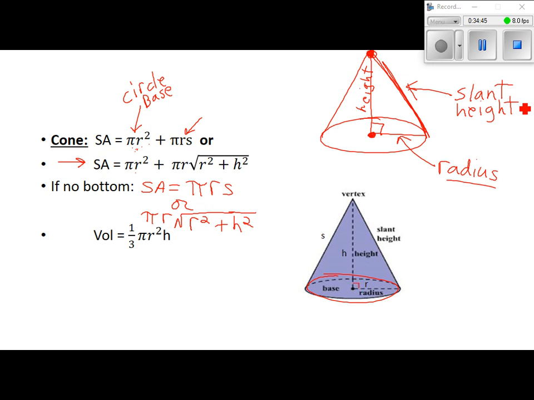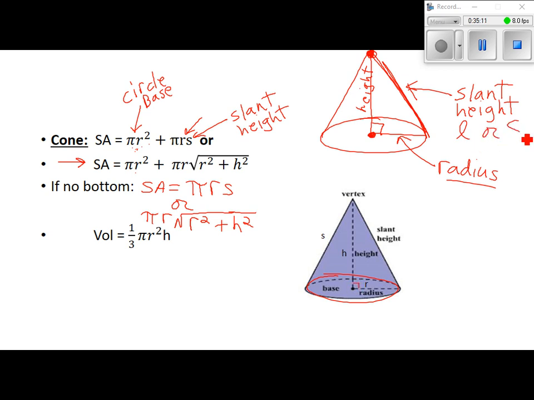Sometimes some different formulas, like this formula here, use S as the slant height. So it uses the letter S as our variable. Other formulas or other books might use something different, and I think our book might use L, that cursive L, as the slant height.